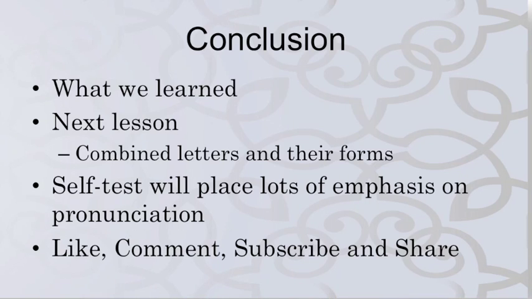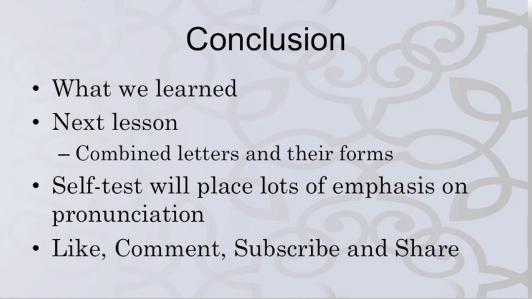In the next lesson, I'm going to go into detail about how letters are combined in the Arabic written form and what they look like in their 4 different forms. There are 4 different forms, and this I will cover in the next lesson, which is the independent form, the initial form, the medial form, and the final form.